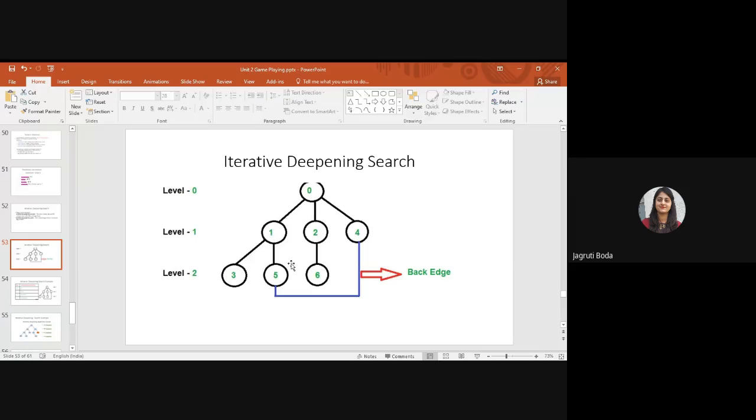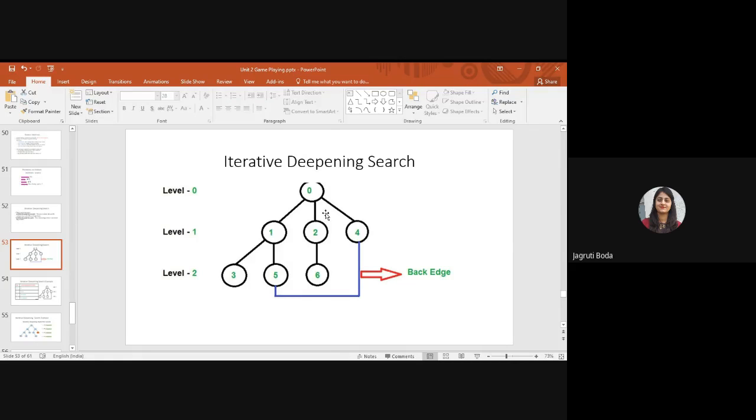So first of all, what do you have to do? You have to give the level numbers. This is your root node, so level 0, then level 1, then level 2, and so on for all the levels. Okay, clear? This is your first step. Now, this algorithm provides the benefits of both BFS and DFS.